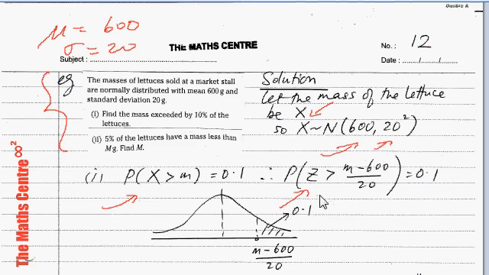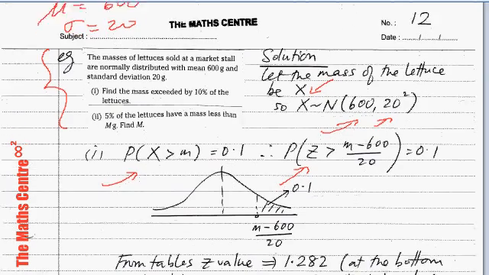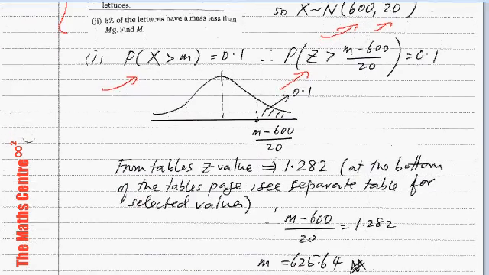Once you get your probabilities involving z, we can sketch a diagram. I've done it for you. It's the probability of z bigger than something, so we are looking at a shaded area to the right of a z value, which is (m minus 600) over 20. Since it's bigger than, we shade to the right, and this area is given as 0.1.